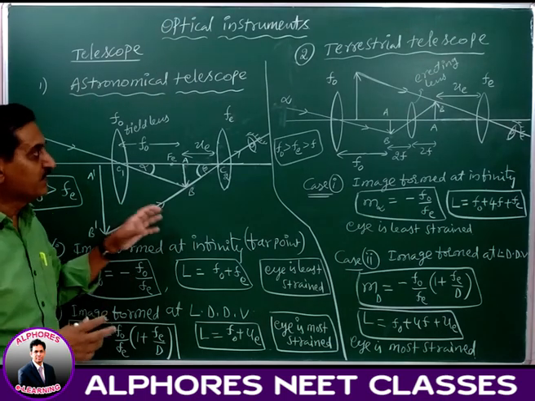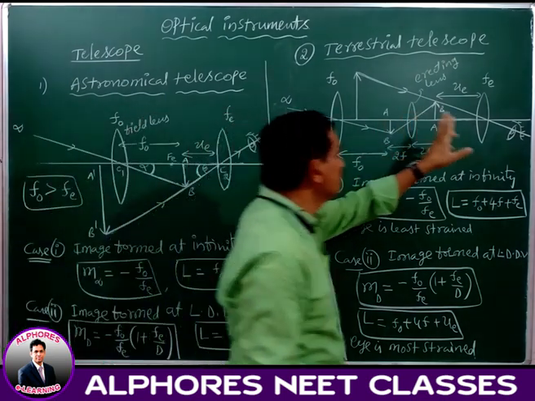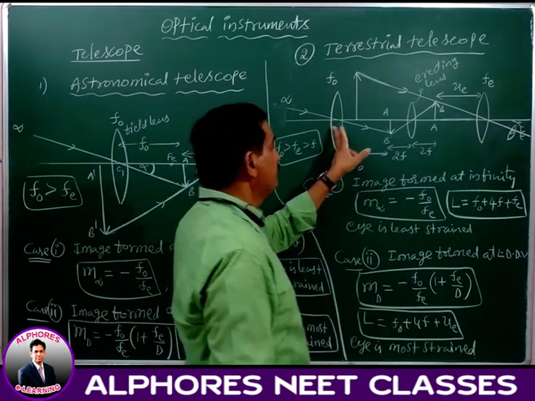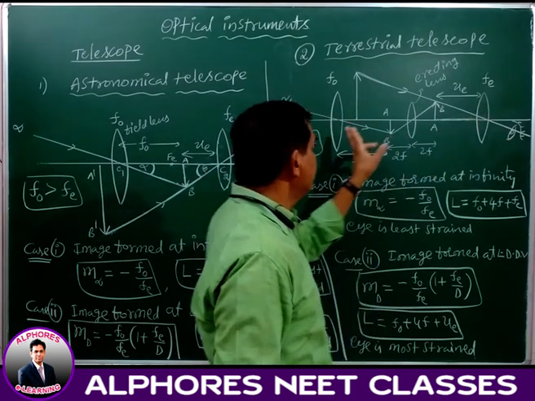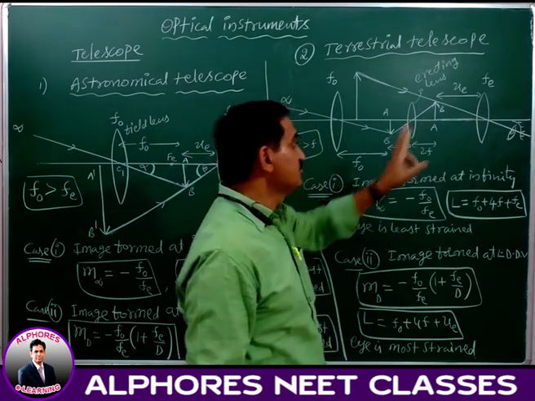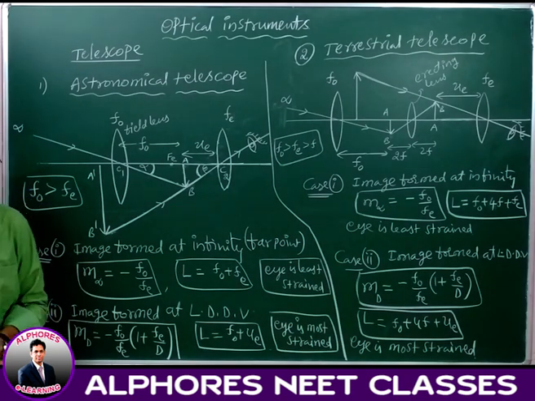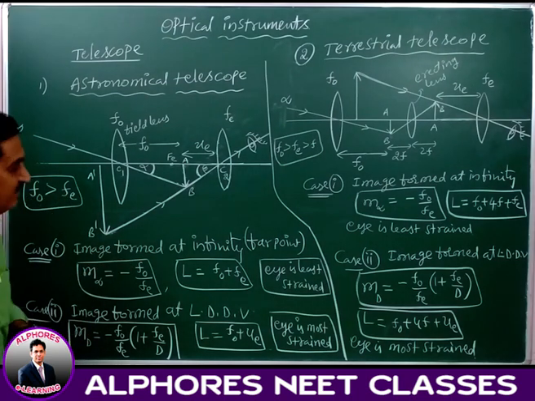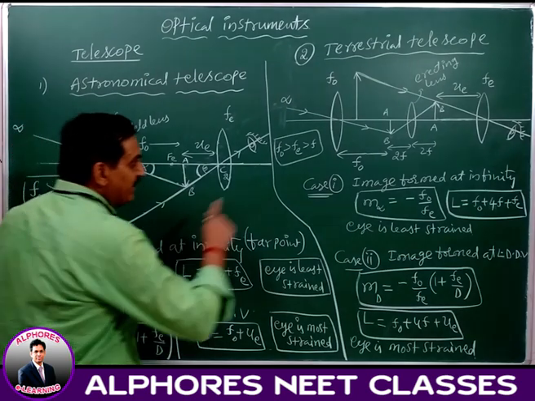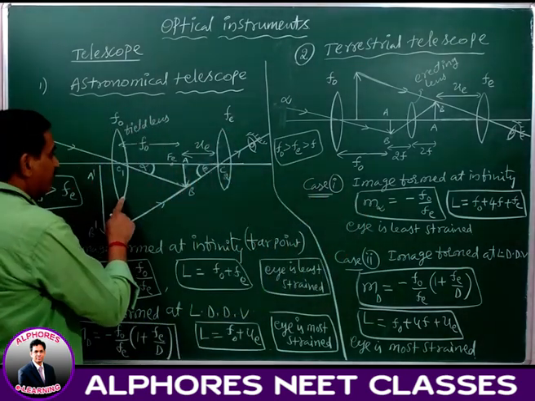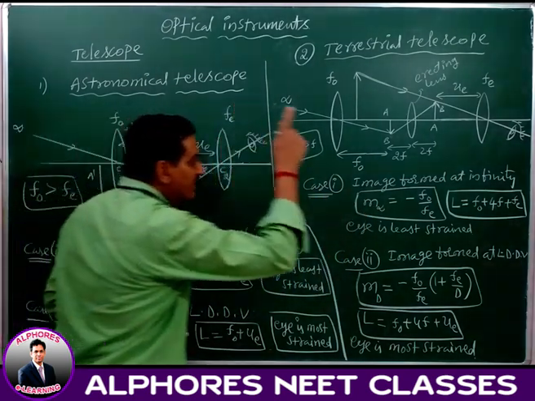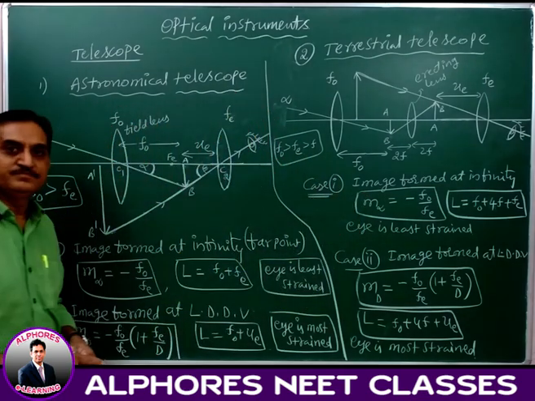Therefore, we have to take one more lens in between these two lenses, the field lens and the eyepiece. Between these two, one more lens is used, known as the erecting lens. One more point is very clear: the formulas are all the same for the astronomical telescope and the terrestrial telescope.